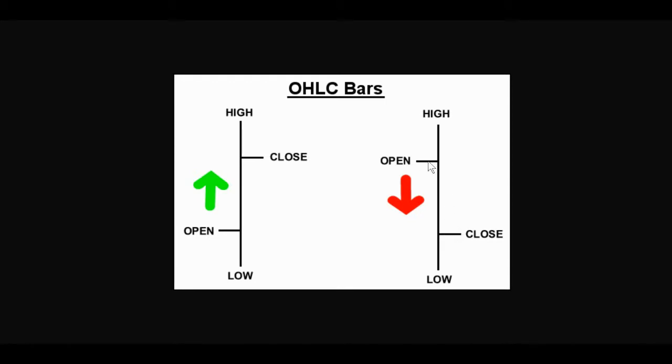Because the open's up here and the close is down there. So instead of an up day or minute going like that, it's more like this if it's a down day or minute. The shape looks different, but the open arm is still going to be on the left side of the stick, and the close arm is still going to be on the right side. You kind of have to get used to it.